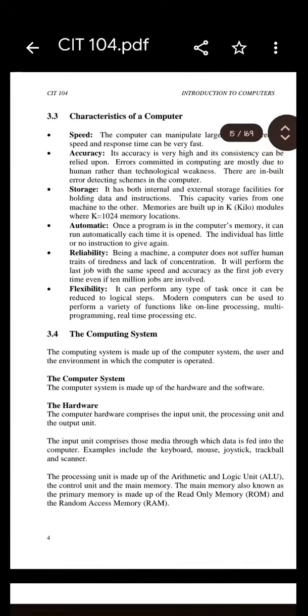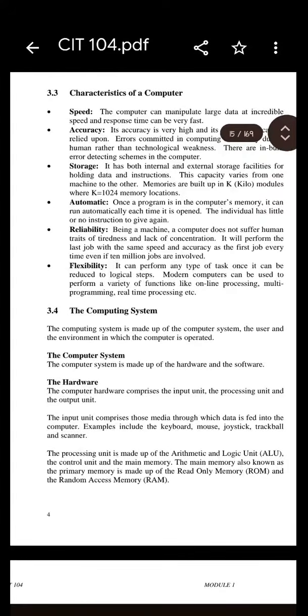Let me continue. They are speed, accuracy, storage, automatic, reliability, and flexibility. Now, we have an acronym that we can use to remember it: SASARF.